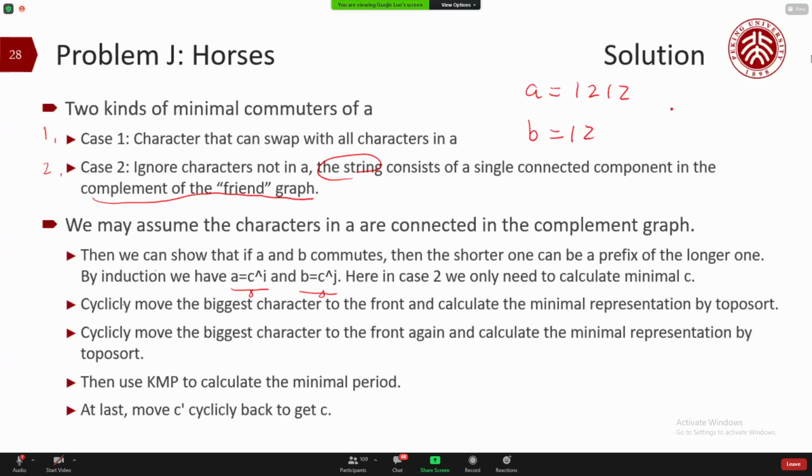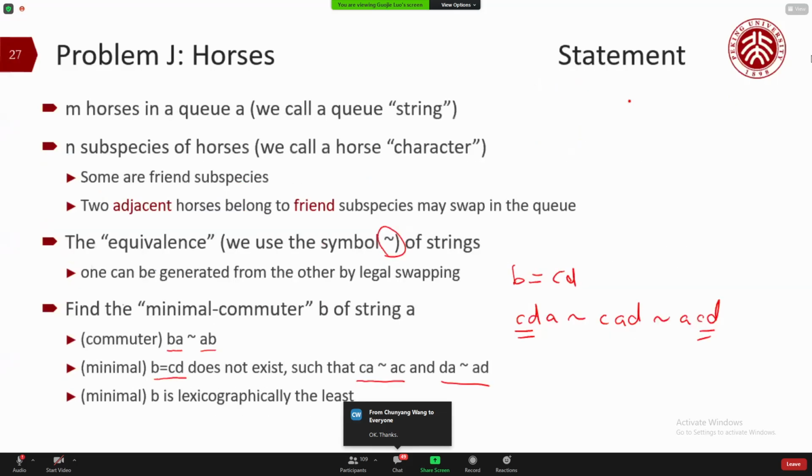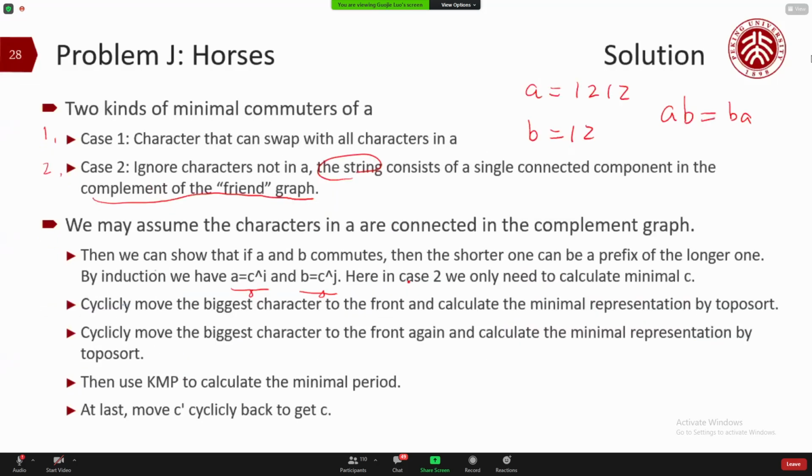We also have the property that AB equals BA. Right, one can be generated from the other by legal swaps, so we can perform 0 swaps to get BA from AB. So this is also a case.